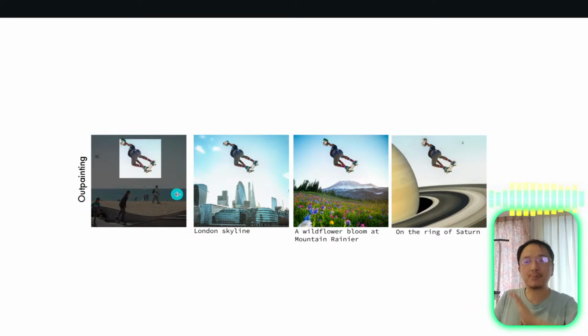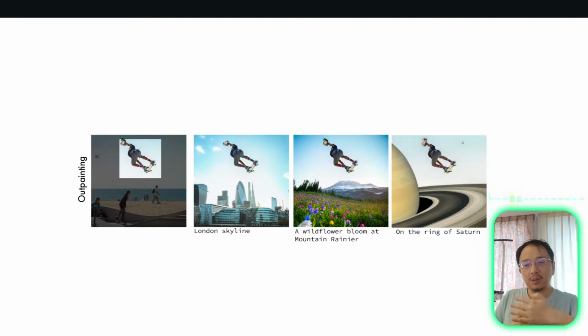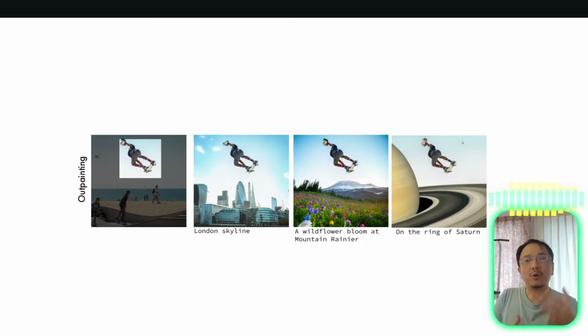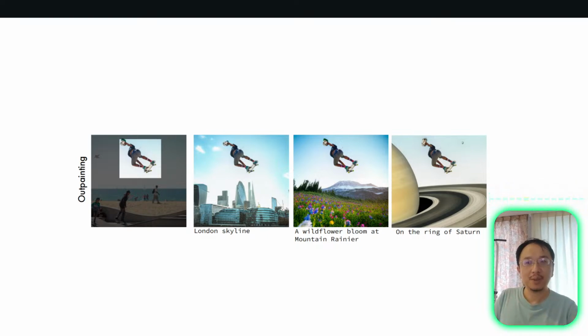So I'm just saying that when we do this kind of masked autoencoder thing, you should make a decision about what mask we should use when we do the training.